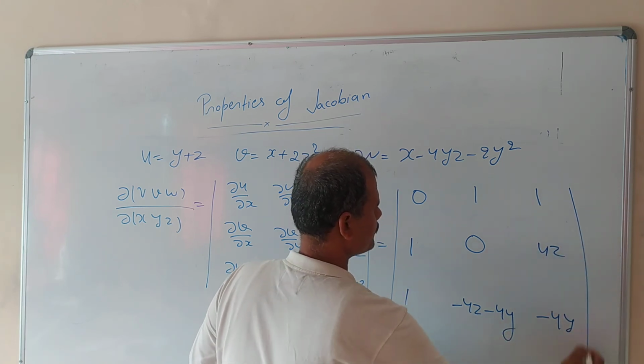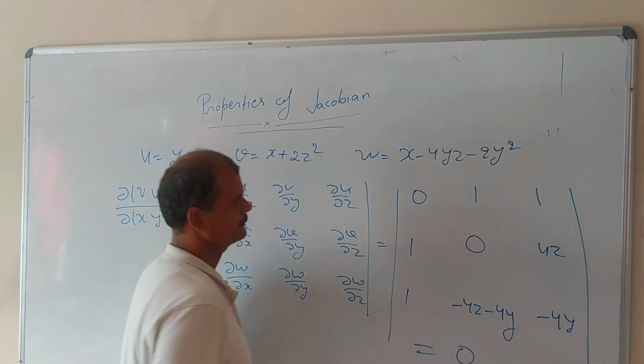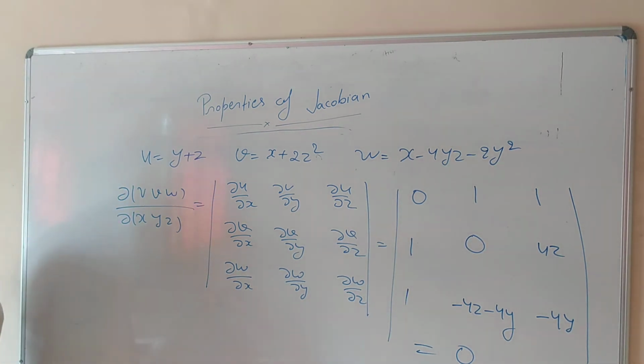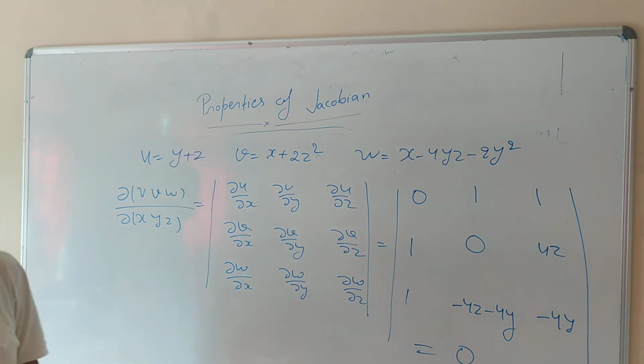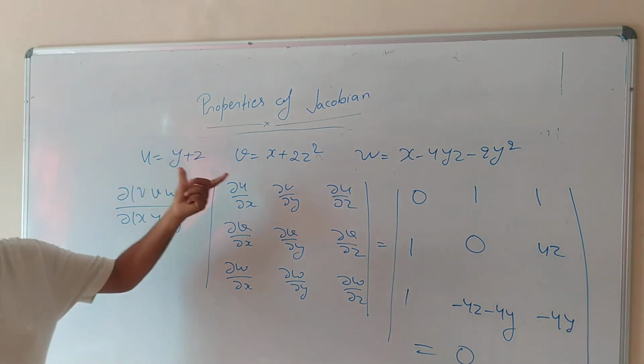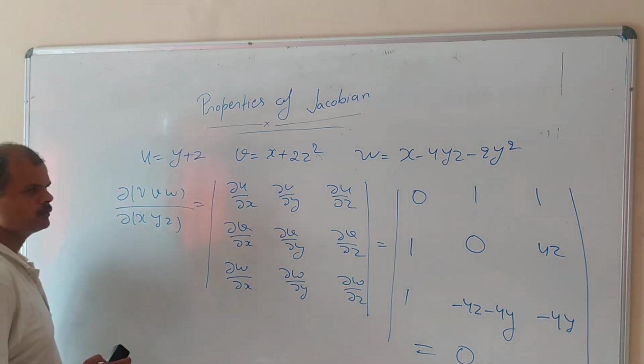If you find the determinant, this will be 0. So the Jacobian of u, v, w with respect to x, y, z is 0, so we can say u, v, w are dependent to each other.